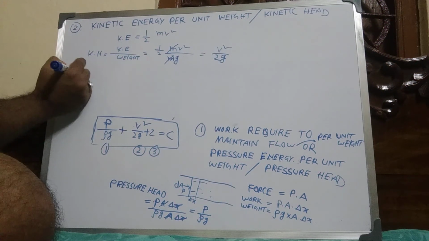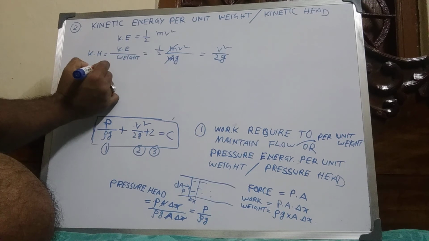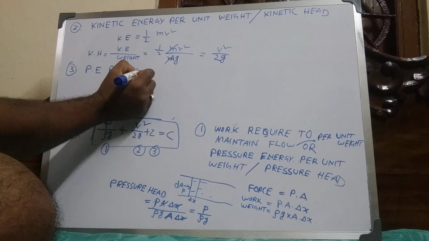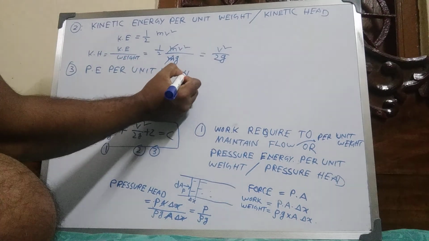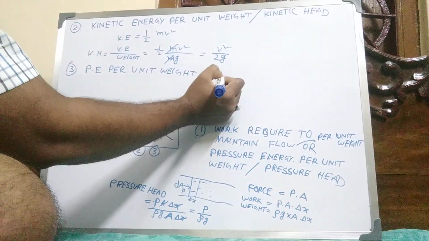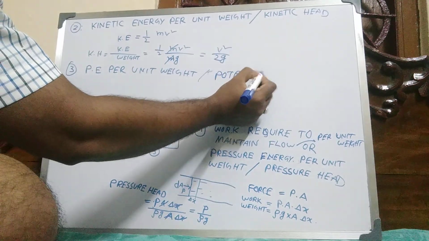And number 3 is Z, potential energy per unit weight, or potential head.